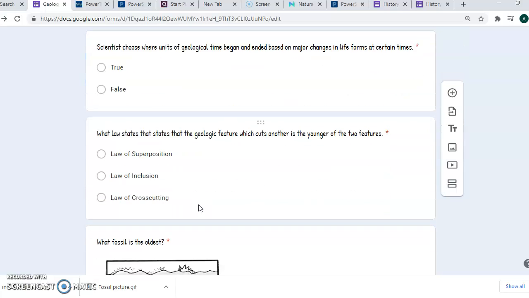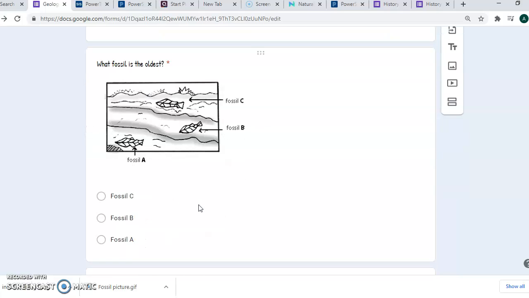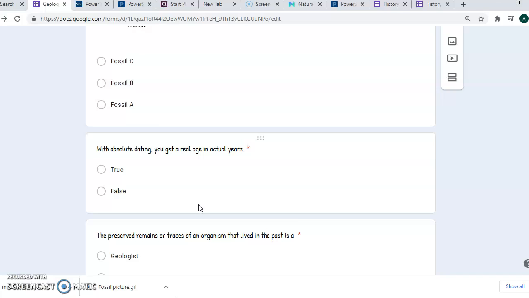What law states that the geological feature which cuts another is the younger of the two features? What fossil is the oldest? Fossil C, fossil B, fossil A. With absolute dating, you get a real age in actual years.